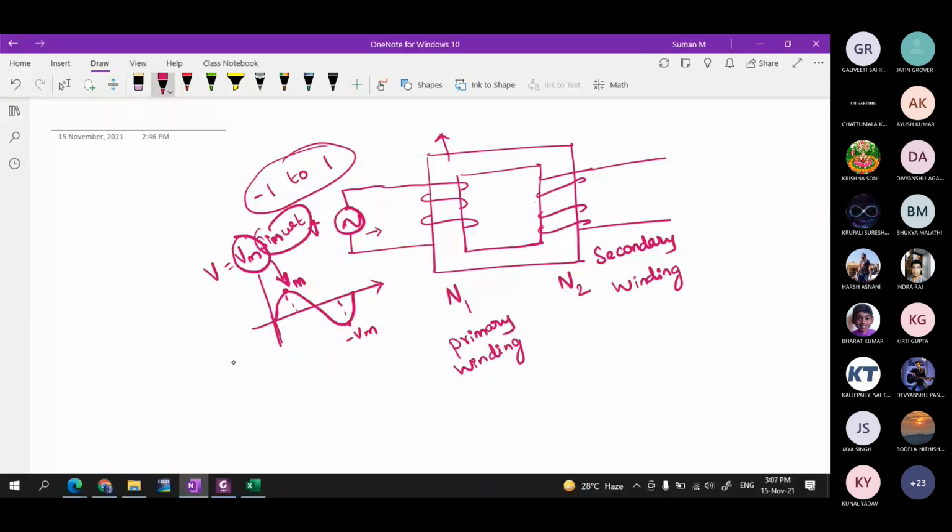So we are applying a sinusoidal signal, and that signal is going to create some current here. If you have a sinusoidal voltage, you are going to have a sinusoidal current.